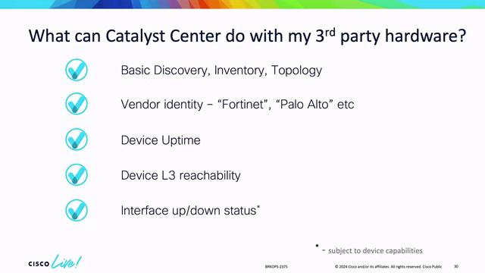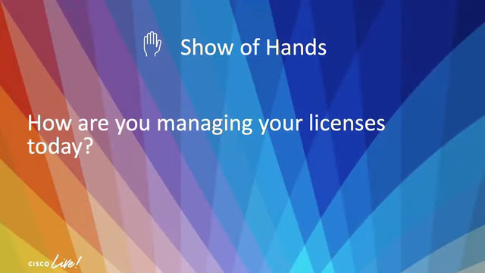And based on the level of information that these devices publish using RFC 1213, you will be able to view hardware information, software information, reachability information, interface up-down status, and vendor information. So this is what we call limited support, limited visibility for non-Cisco gear.